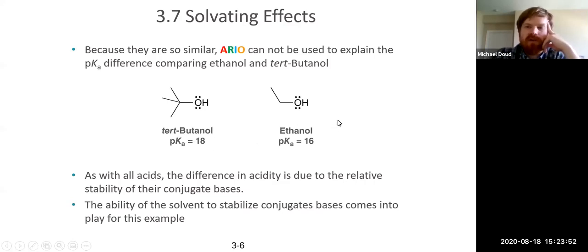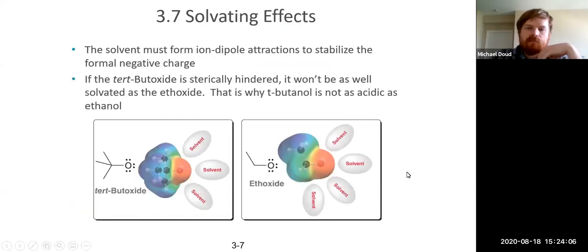To explain it, we have to look at the conjugate base, and in particular at the ability of a solvent to stabilize the conjugate base. Again, tert-butanol becomes tert-butoxide, and ethanol becomes ethoxide. Because tert-butanol has extra carbons in its backbone, it takes up a greater amount of space. It's what we call a steric effect. This is a sterically hindered conjugate base, and because of its size, fewer solvent molecules can get close to the negative charge on the oxygen atom.